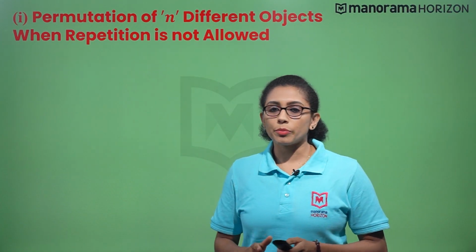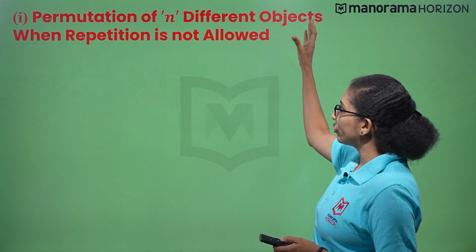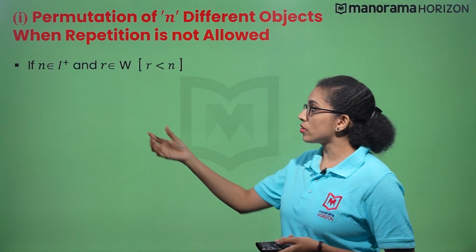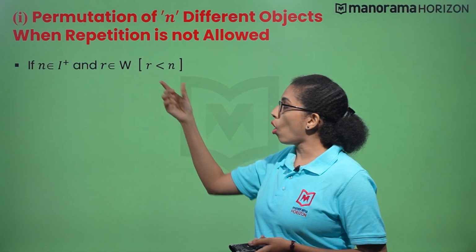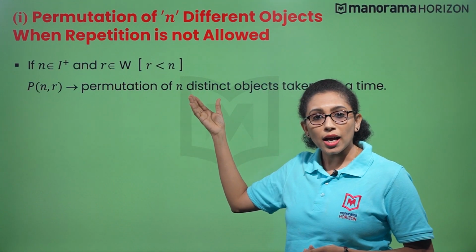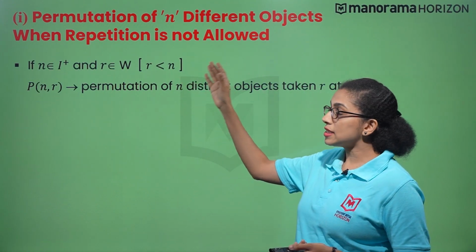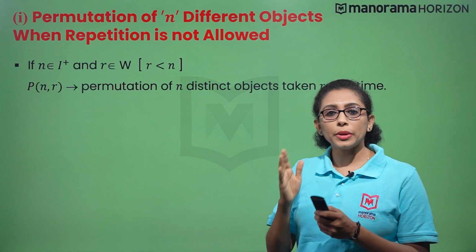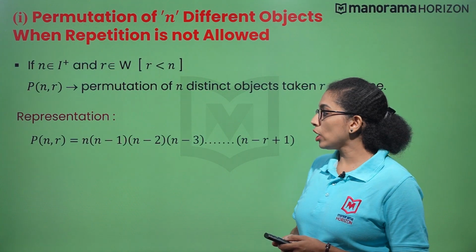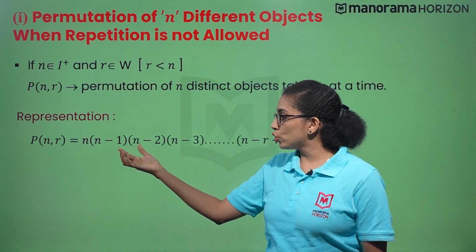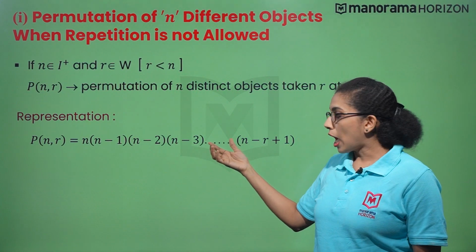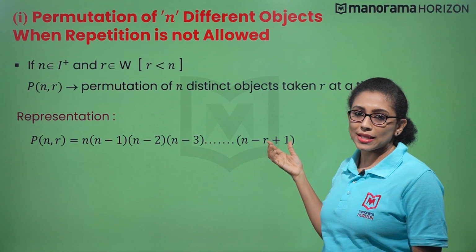First, we will discuss permutation of n different objects where repetition is not allowed. If n is any positive integer and r is a whole number, the permutation of n different objects taken r at a time, where r is less than n, when repetition of objects is not allowed, is represented as P(n,r) = n(n-1)(n-2)(n-3)... up to (n-r+1).